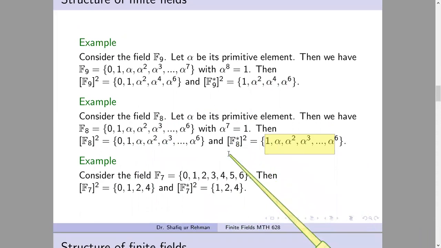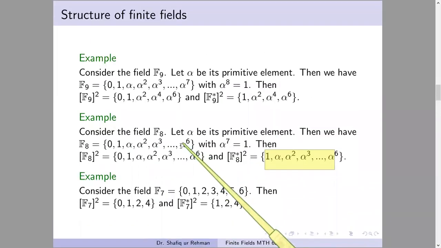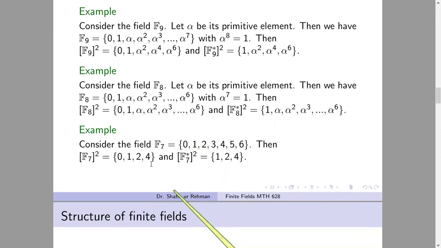But if we take a field of characteristic 2, all the elements are squared elements. But if we take a field of characteristic odd prime, then this is not true. For example, here we have a total of 6 non-zero elements, and half the elements are squares of some elements and half are non-squares.